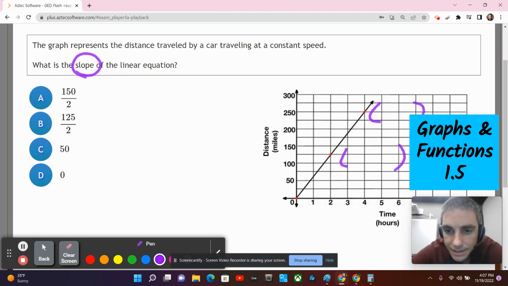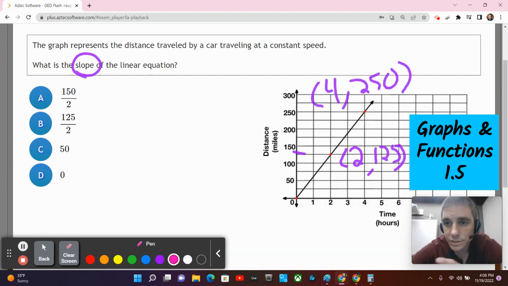The first one is at the location 2, comma, and then if we look real carefully at our scale here, it goes from 100 to a blank to 150. So halfway between 100 and 150 is 125. So now we just need to calculate how much the y changes and divide that by how much the x changes.